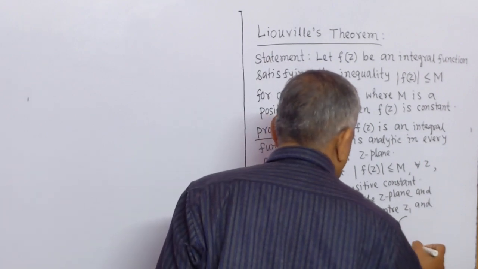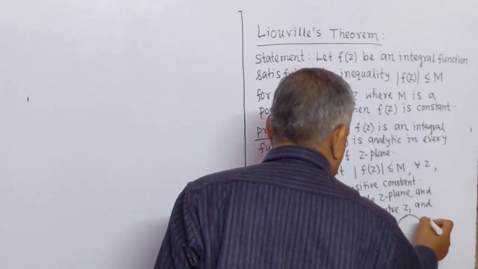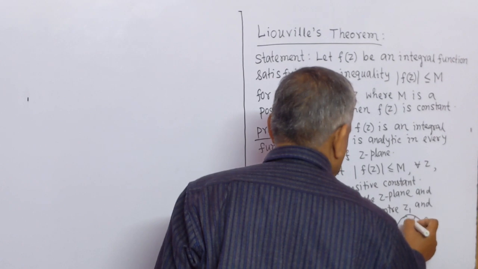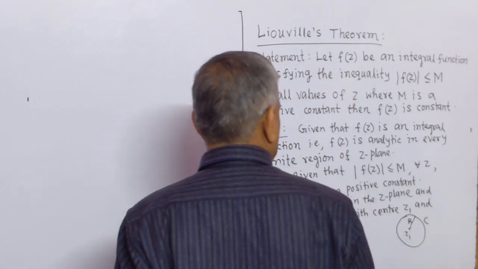Here, this is circle C whose center is z1 and radius is r.